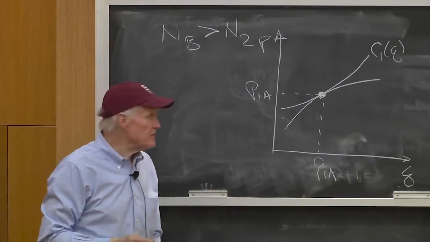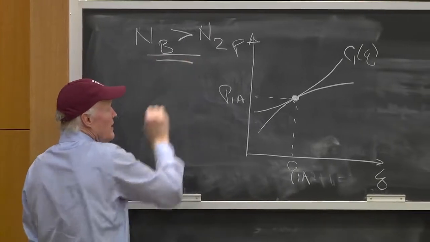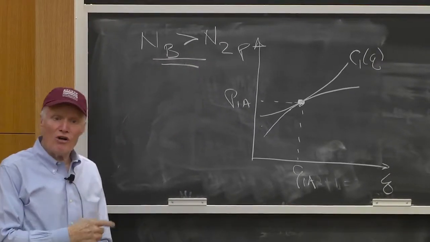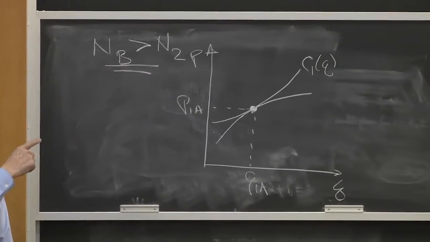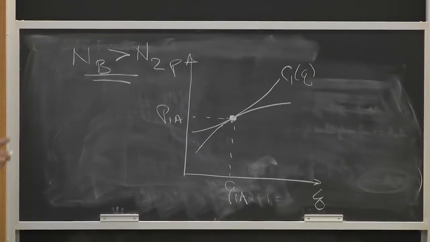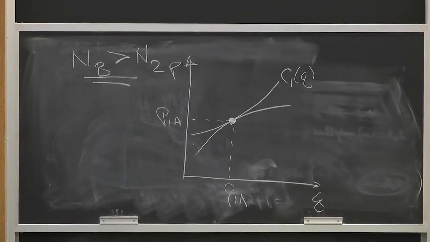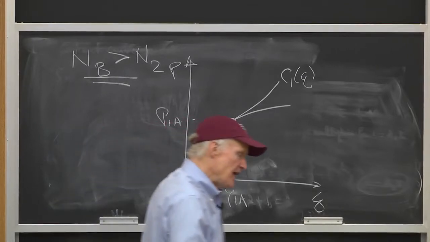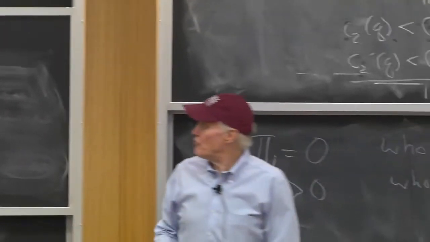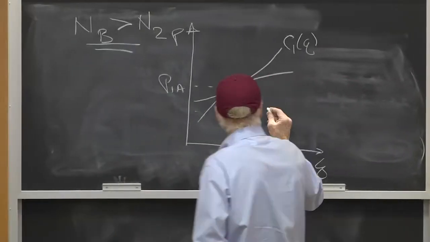Now, we just said because of this, some B's are going to also have to buy from the ones, right? Remember, there's too many B's to only buy from the 2's. So some B's are going to have to buy from the ones.